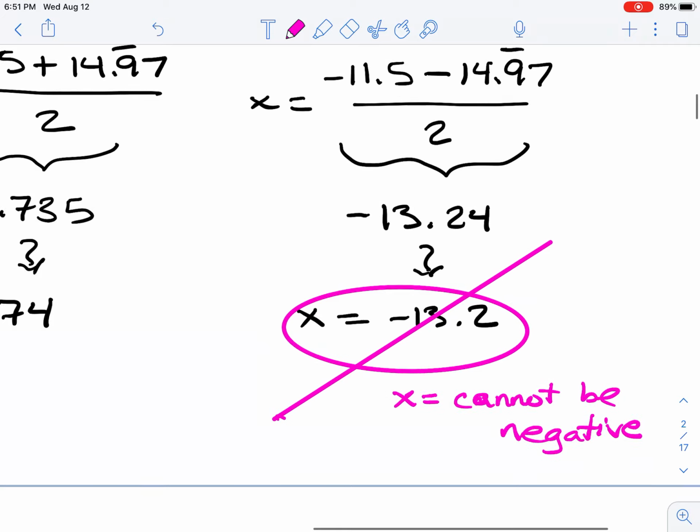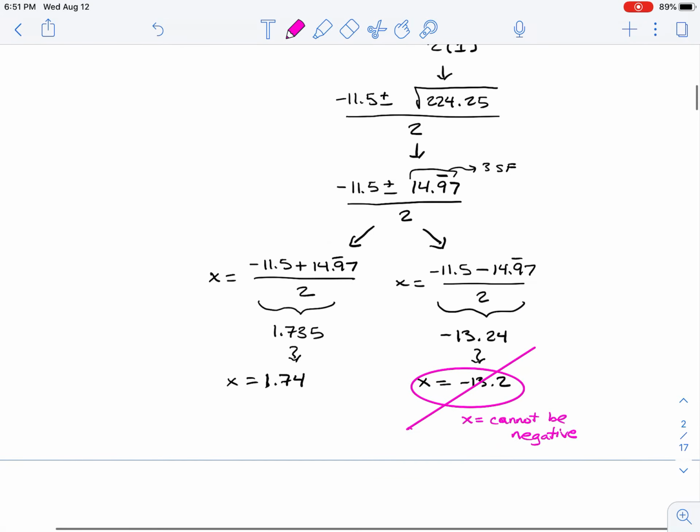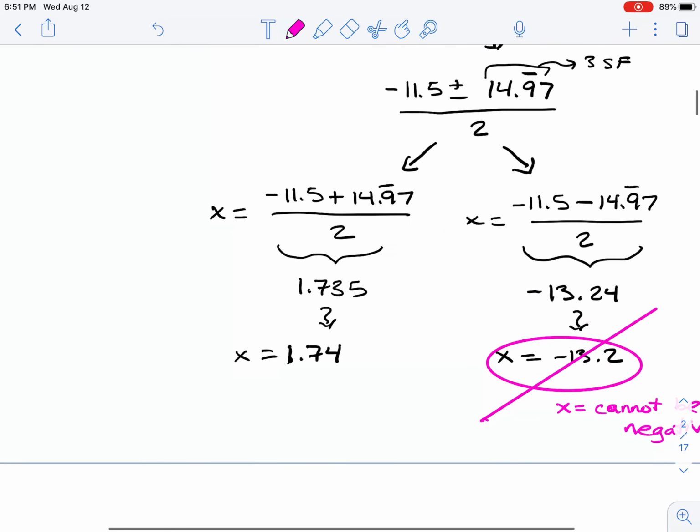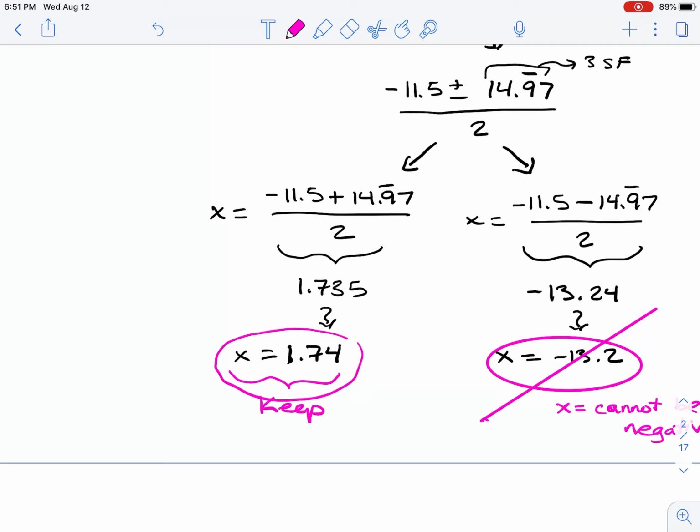Right. And remember, x is going to represent that unknown, that amount that's changing. So in this case, we're going to keep this value, but we're going to see if 1.74 is within a reasonable range or a reasonable scope.